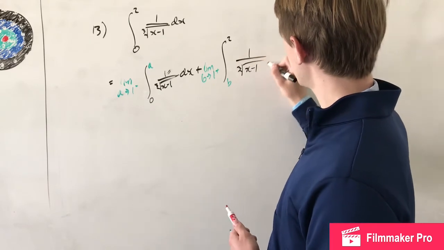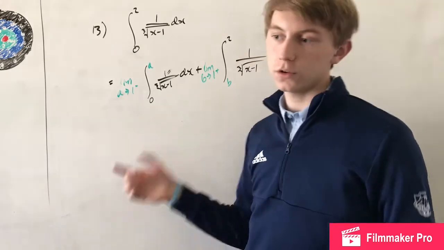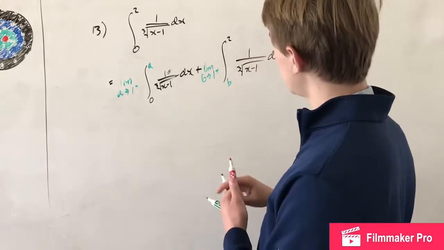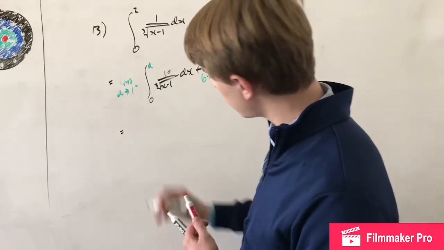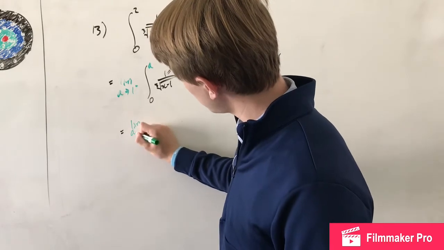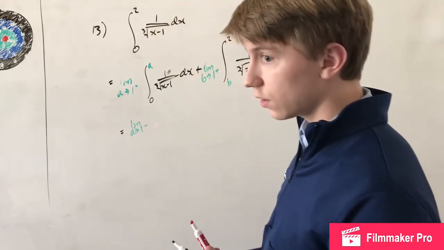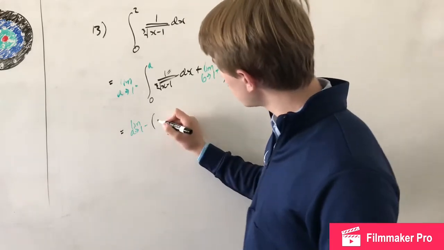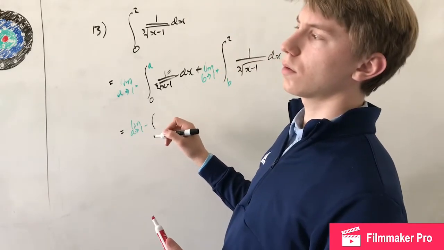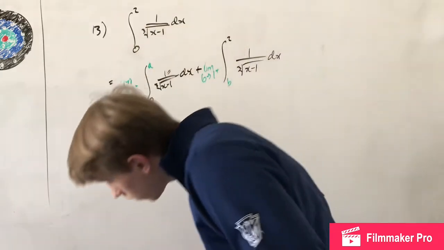x minus 1 dx. Now, actually doing this integral is pretty basic, because it's just power rule. So you'll end up with the limit as a approaches 1 from the negative side of, what is it? 2/3, right? What did I put?